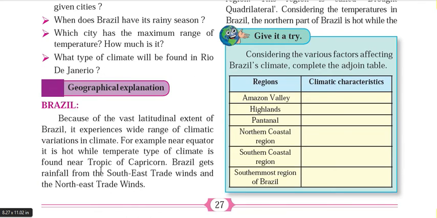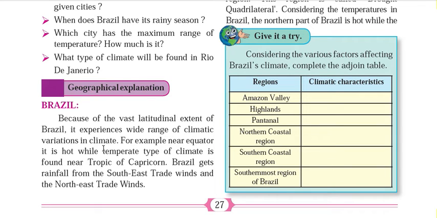Okay, let's see the geographical explanation regarding the climatic conditions in Brazil. Because of the vast latitudinal extent of Brazil, it experiences a wide range of climatic variations. For example, near equator it is hot, while temperate type of climate is found near the Tropic of Capricorn.